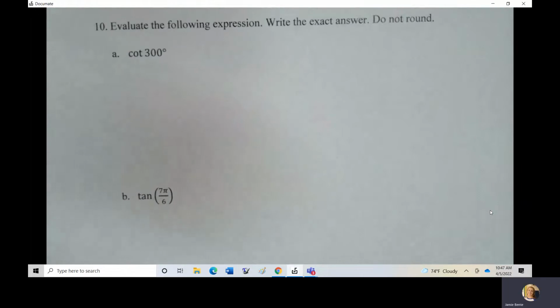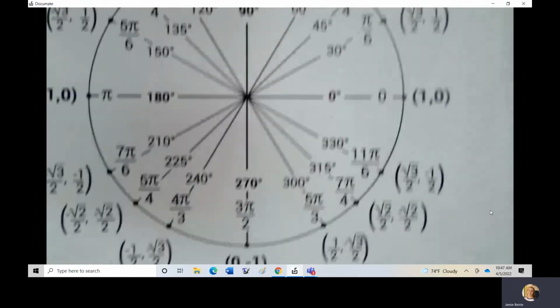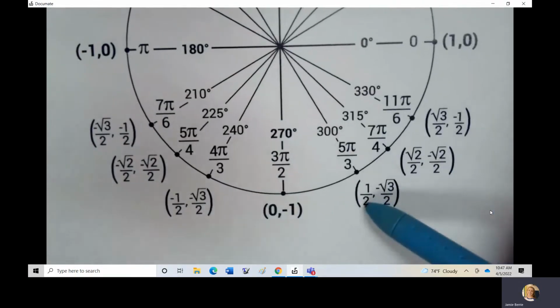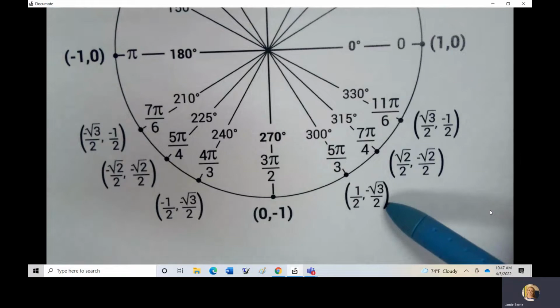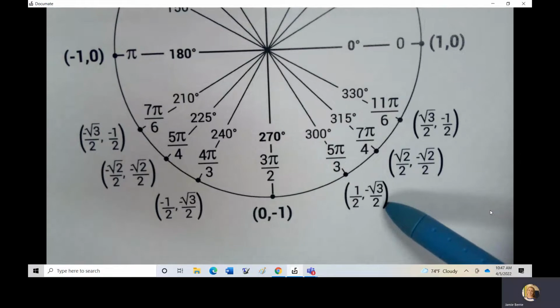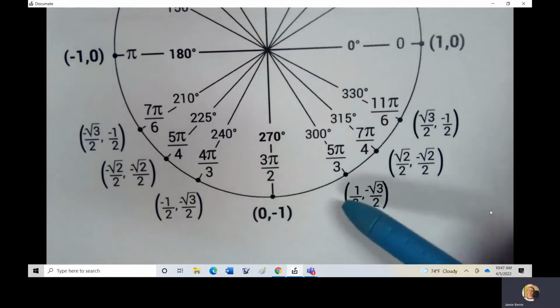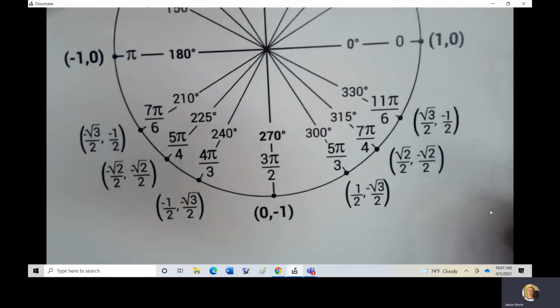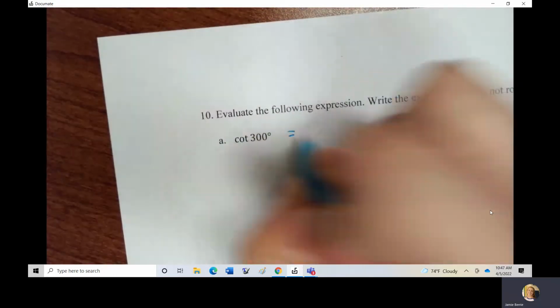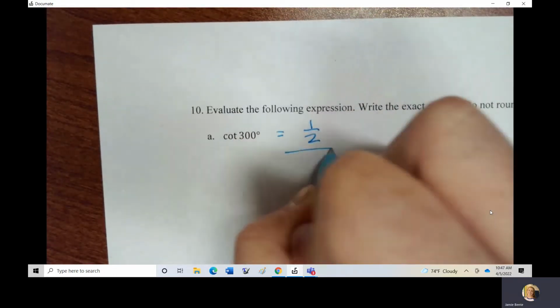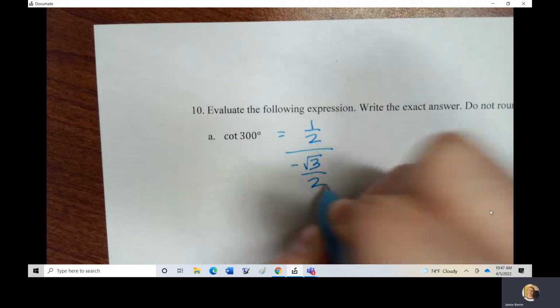Pretty easy. Just using the unit circle, evaluate the expressions, write the exact answer, do not round. Cotangent of 300 degrees. At 300 degrees, cotangent is x over y, cosine over sine. So that's 1/2 over negative square root of 3 over 2.